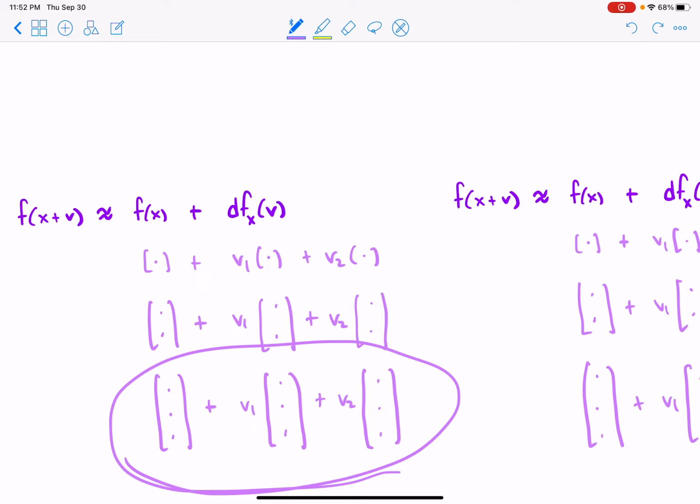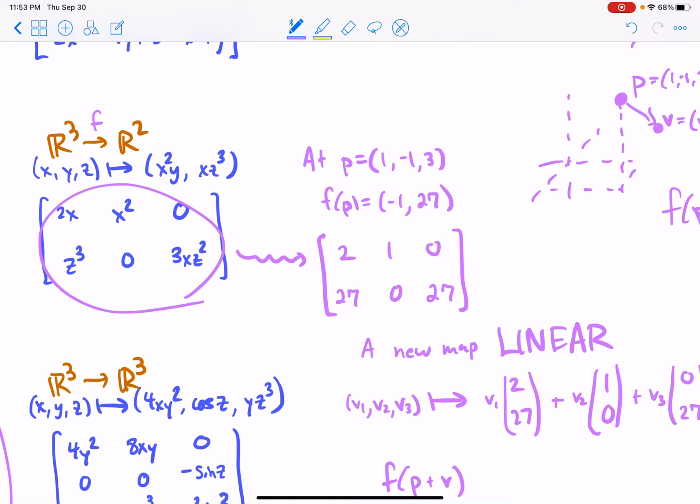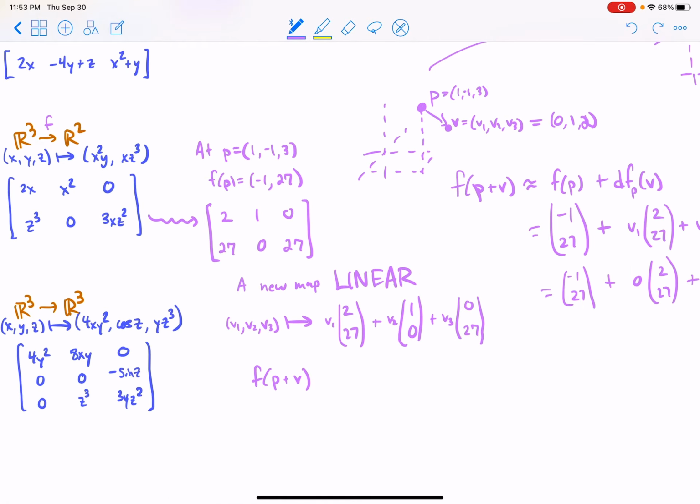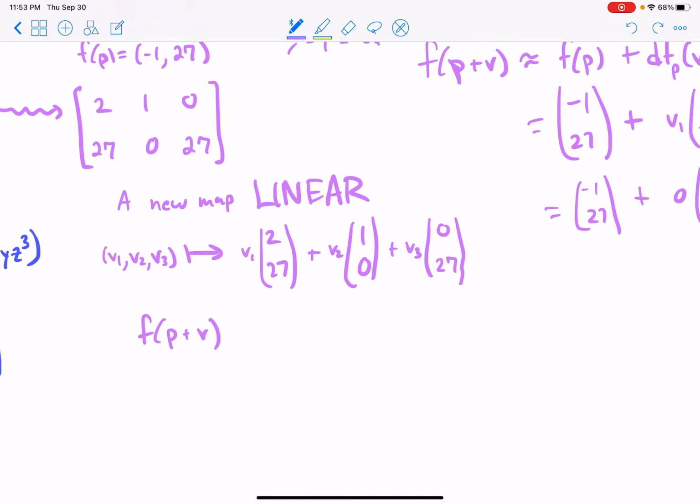Because we've plugged in at a point P. So we've changed the outcomes of these partial derivatives. Plugging in at a point gives us actual numbers. We take those columns and we use them to linearly combine. And this is actually the definition of matrix vector multiplication. So we have this matrix, and we have, in this case, the input space was three-dimensional, so we're going to move in our input space.